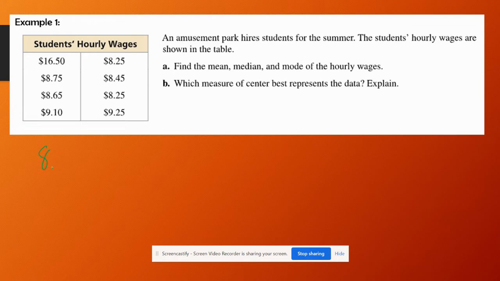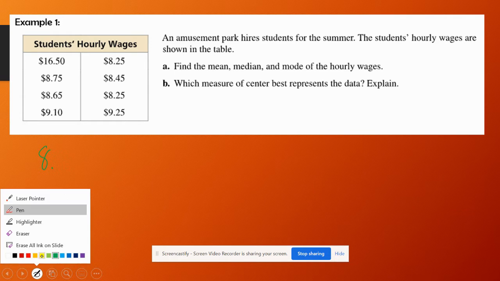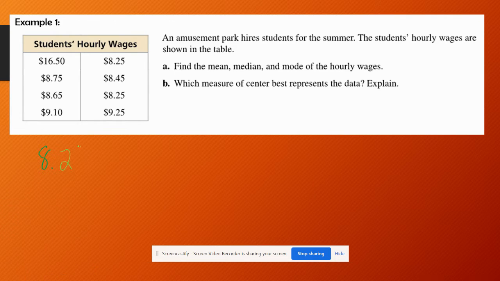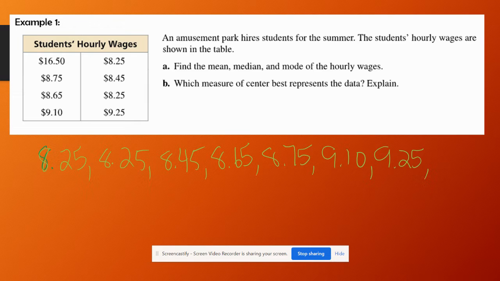So we have 8.25, 8.25, 8.45, 8.65, 8.75, 9.10, 9.25, and 16.50.